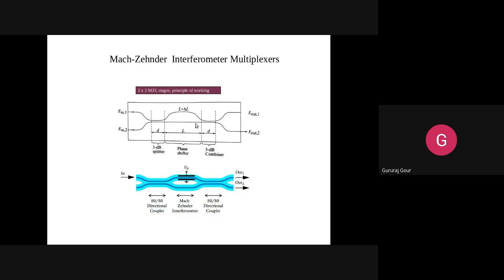There will be some path difference. The curved path will be longer than the straight path by an amount delta L. This path difference leads to a phase difference.